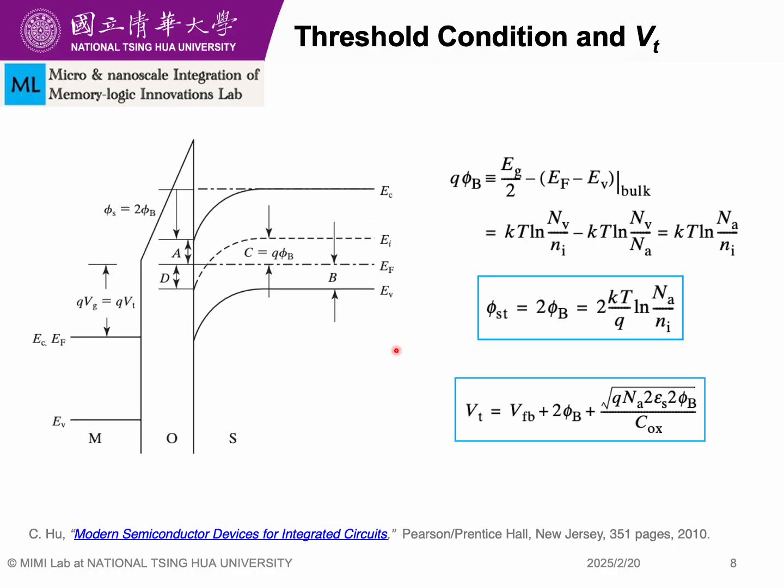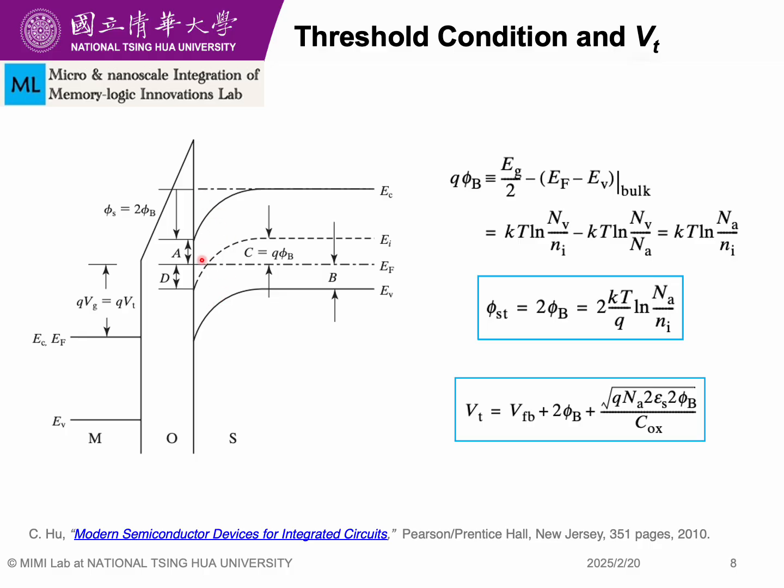Let's now focus on the other condition that's called threshold. What is the threshold condition? What happens when we increase the gate voltage beyond the depletion region? If we keep on increasing the voltage, the electron concentration over here will keep on increasing up to a certain limit.